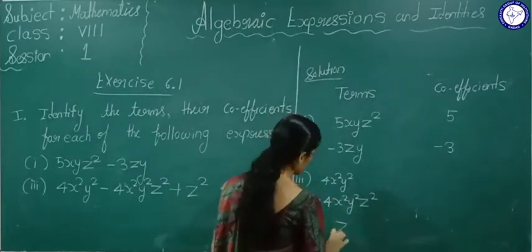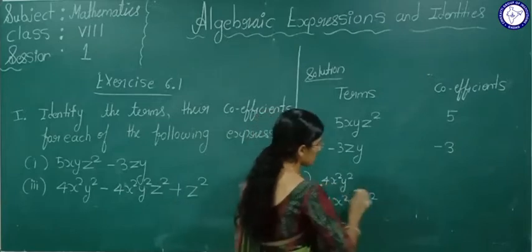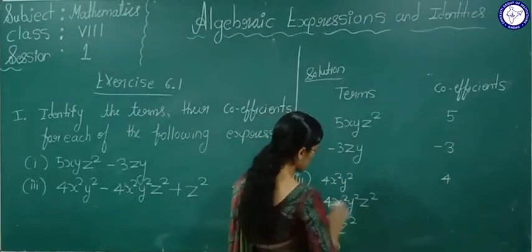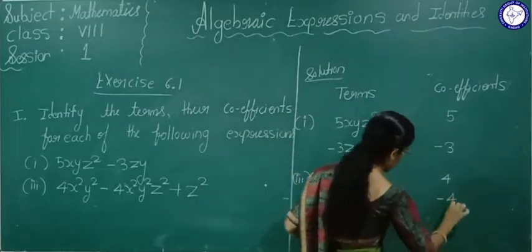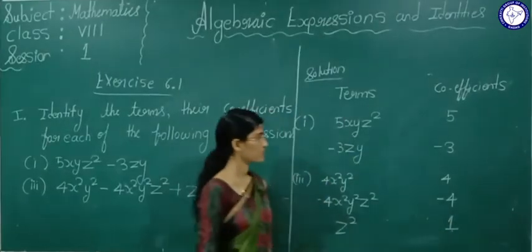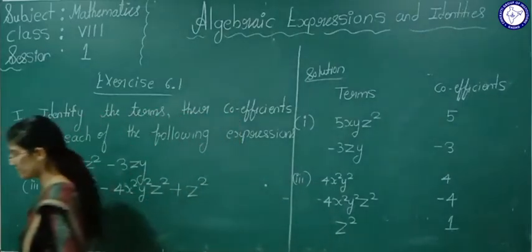One more term is z square. So what is the coefficient of this term? That is 4. What is the coefficient of this term? It is minus 4. What is the coefficient of this term? It is 1. So this is the way we are going to write.